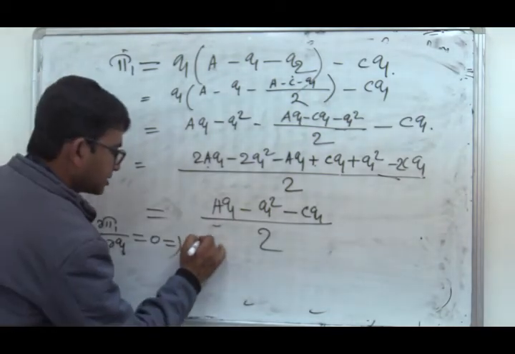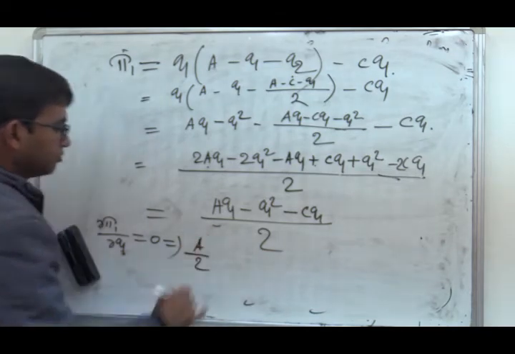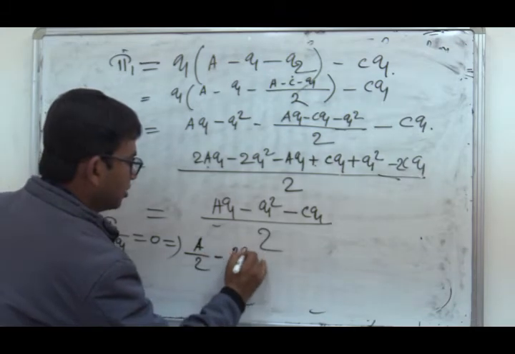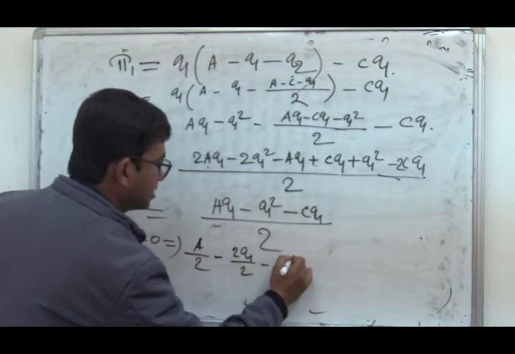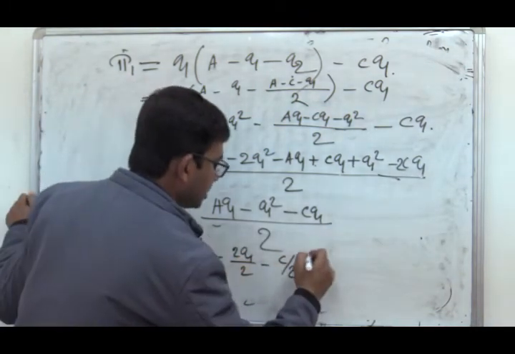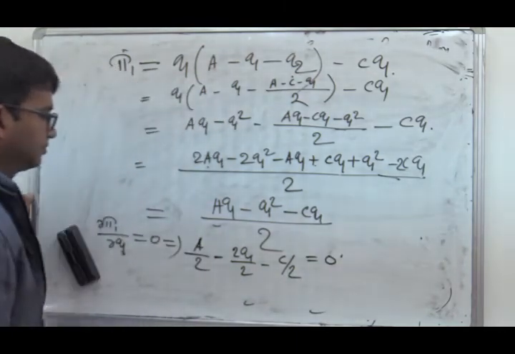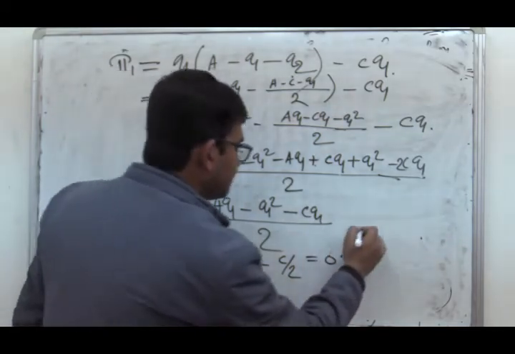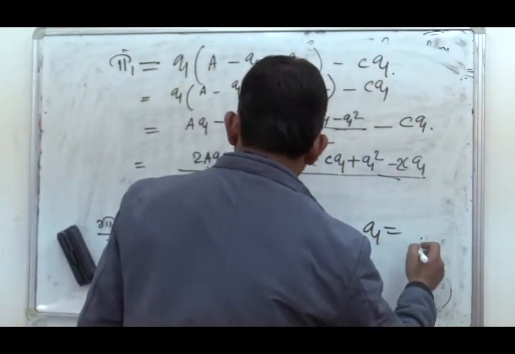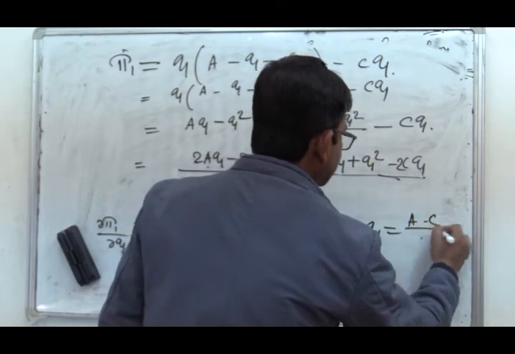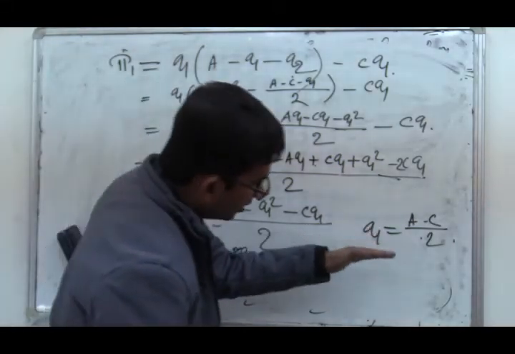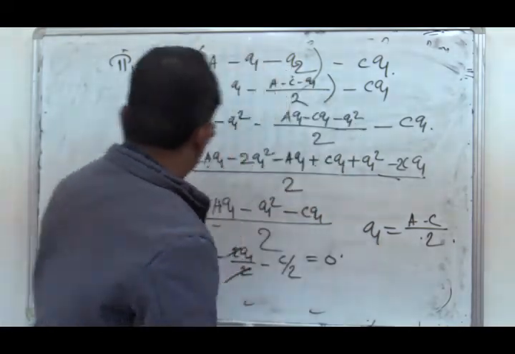It will come as A by 2 minus 2Q1 by 2 minus C by 2 equals 0, or Q1 equals (A minus C) by 2. So this is the equilibrium level of output of firm 1.